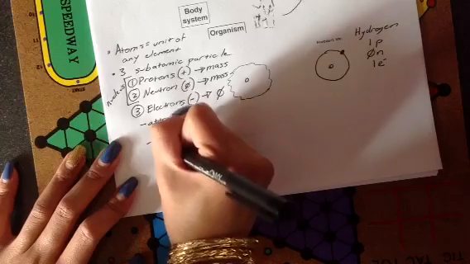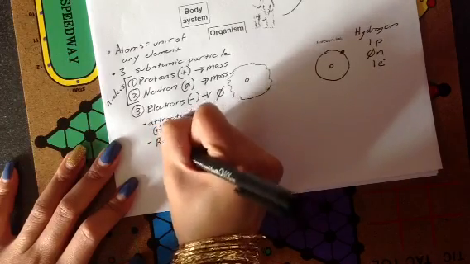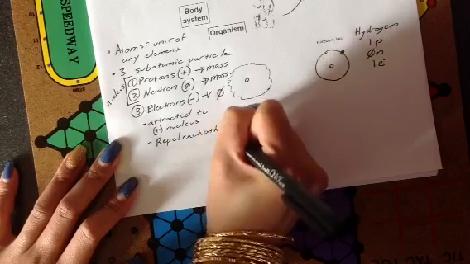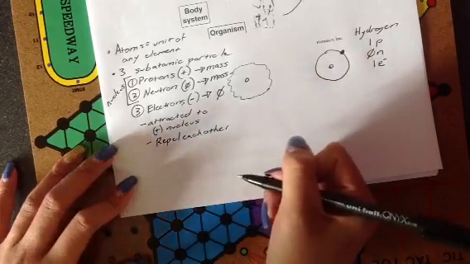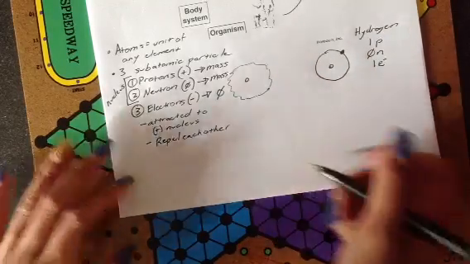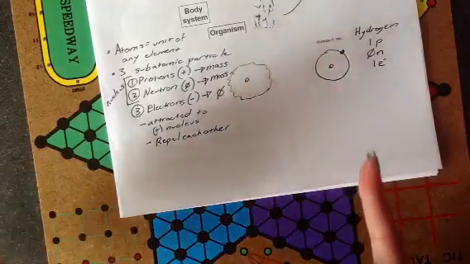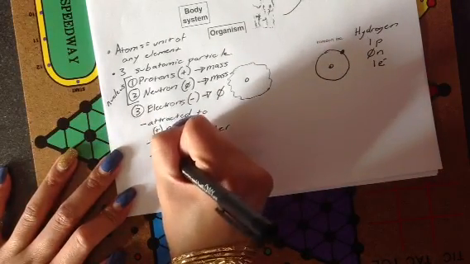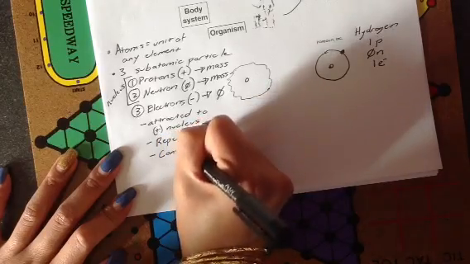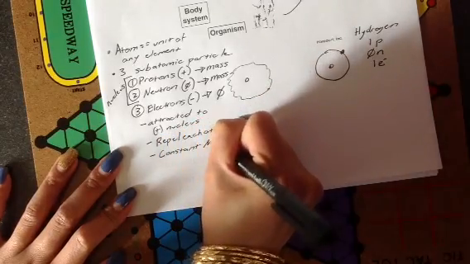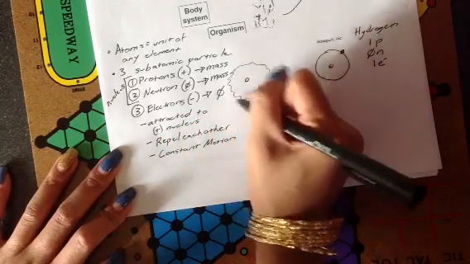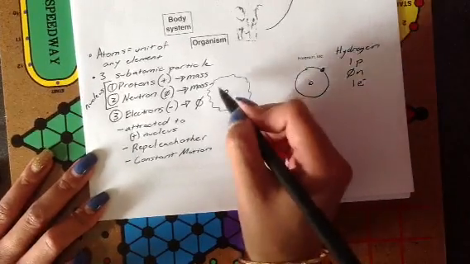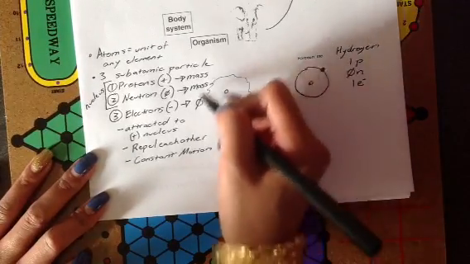Another property that we need to keep in mind, or characteristic of electrons, is that they repel each other. So thinking back to magnets, okay, opposites attract, like charges repel. And then one of the last things is that they are going to be constantly in motion. So remember that I said that this first image that you have represents an electron cloud. Those electrons are constantly moving around each other.